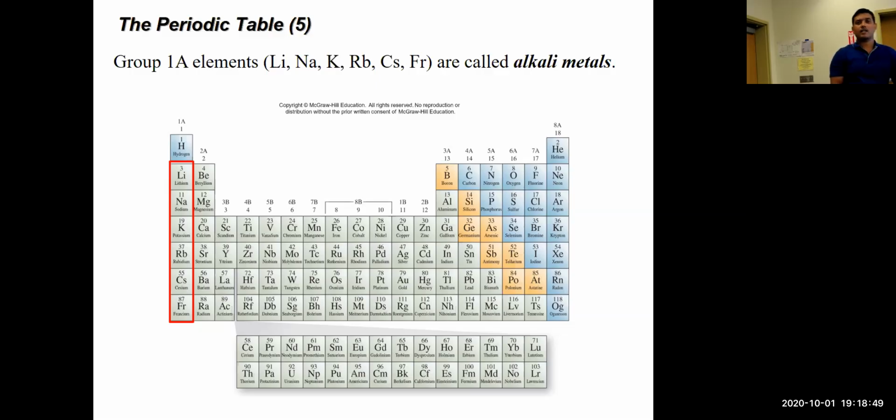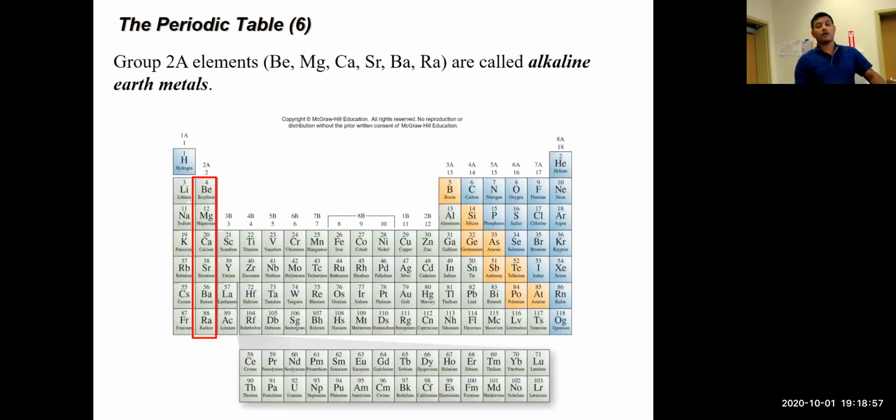So if you say alkali metals, people, or at least chemists, will know you are referring to group 1. The group 2 elements are named alkaline earth metals, and those are beryllium, magnesium, calcium, strontium, barium, and radium.